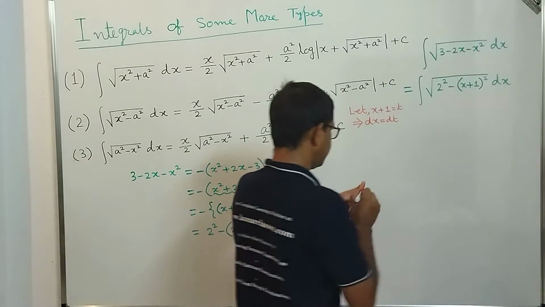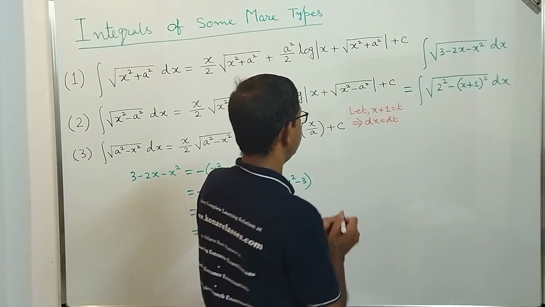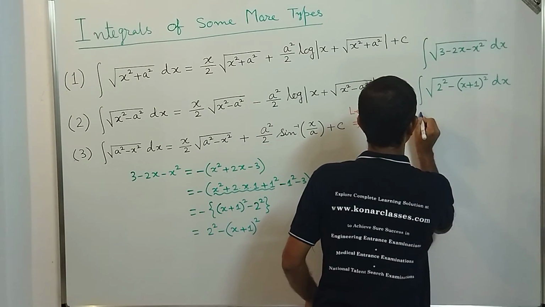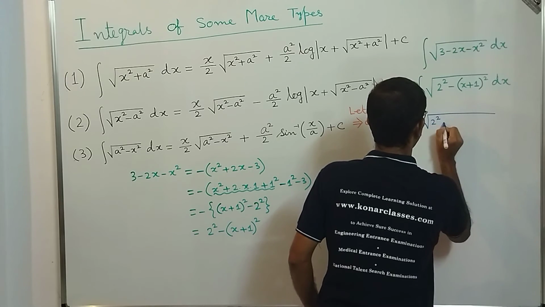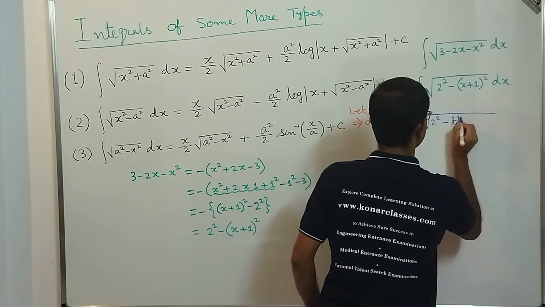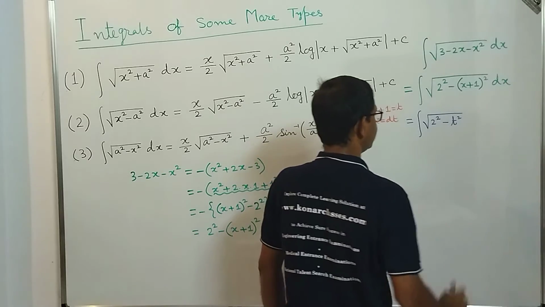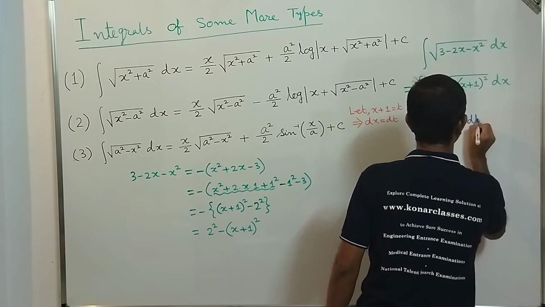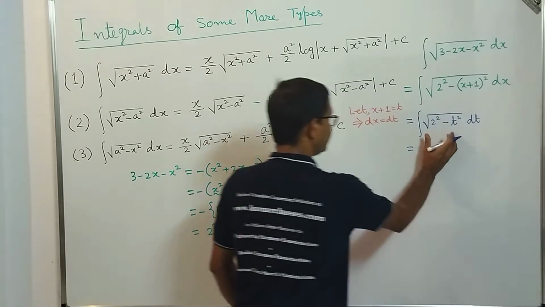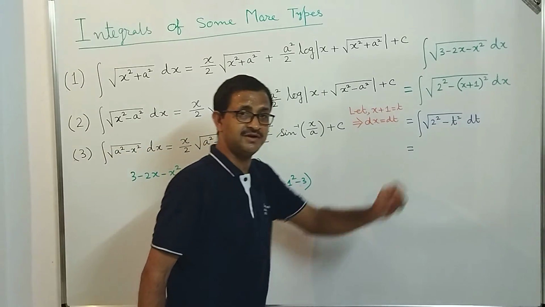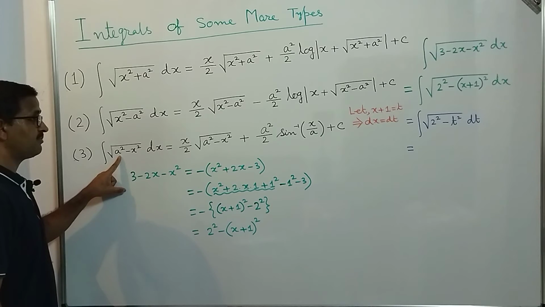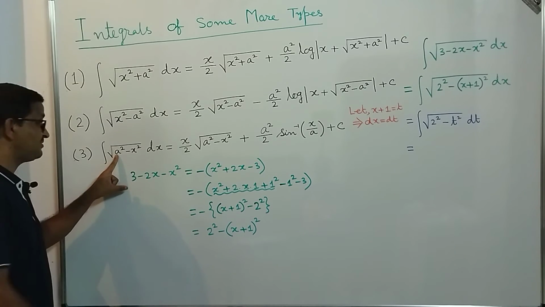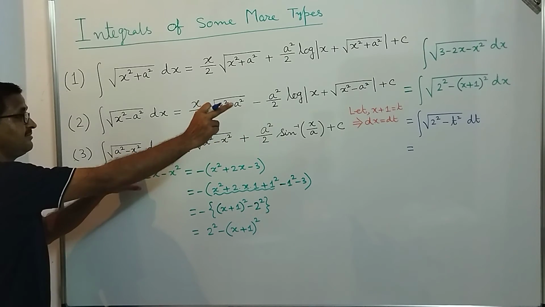So what we get here, dear students, is that this integration becomes the integration of square root of 2 square minus t square dt. This integration is exactly in the form of the integration of square root of a square minus x square, where a is nothing but 2 and x is nothing but t.